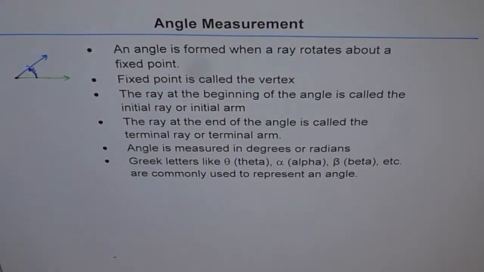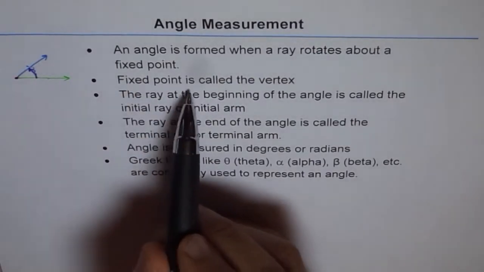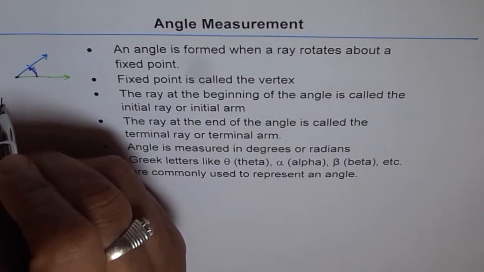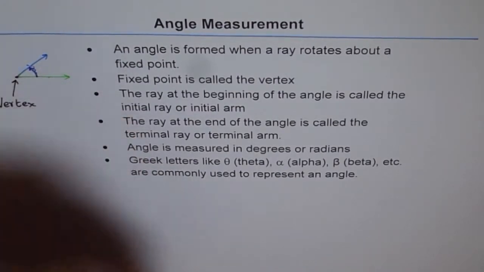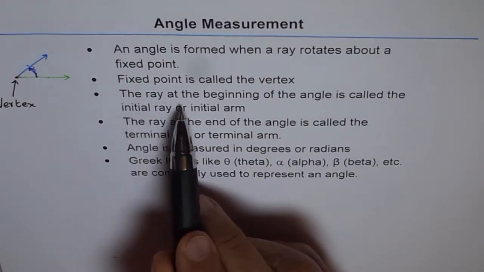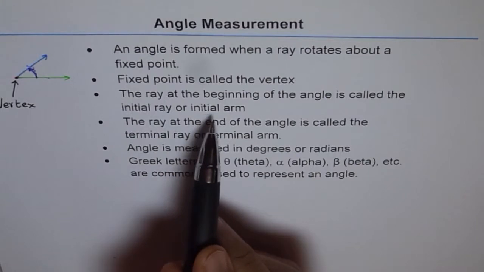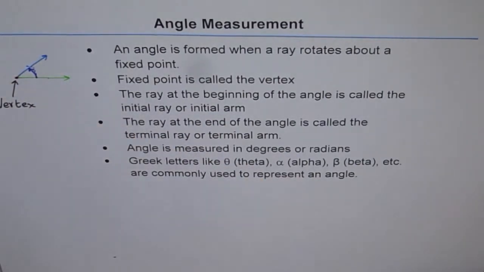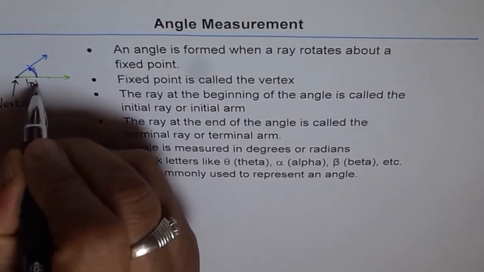Now here, different terms which we will be using are: the fixed point is called the vertex. The ray at the beginning of the angle is called the initial ray or initial arm. Initial means starting, correct?